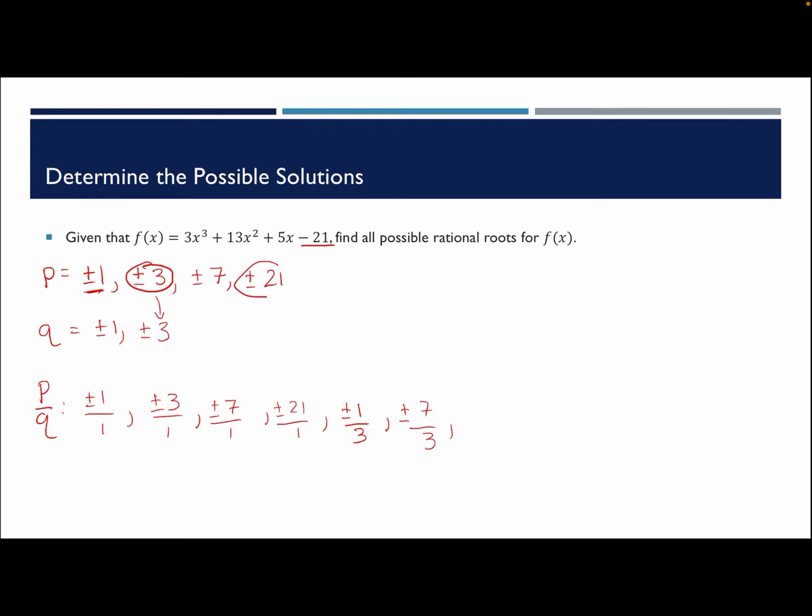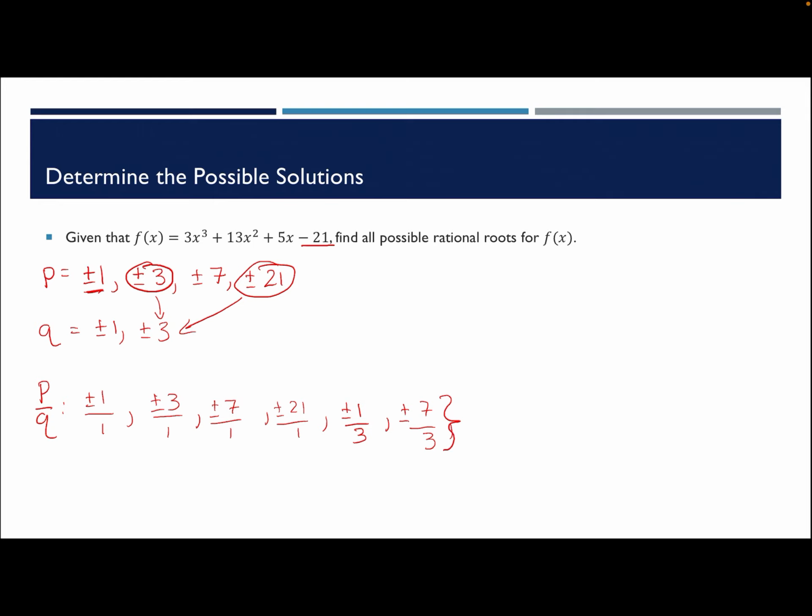And we don't need to do plus and minus 21 divided by 3 because that's just positive and negative 7. So all of our possible solutions are 1, negative 1, 3, negative 3, 7, negative 7, 21, negative 21, 1/3, negative 1/3, and positive 7/3 and negative 7/3. So those are all of our possible solutions.